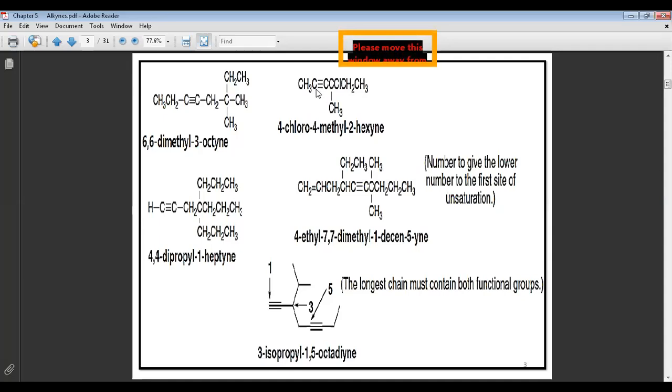The triple bond starts from carbon number 2, so 2-hexyne. The substituents are 4-chloro and 4-methyl, with Cl being chloro. So it is 4-chloro-4-methyl-2-hexyne. It will be exactly like that.